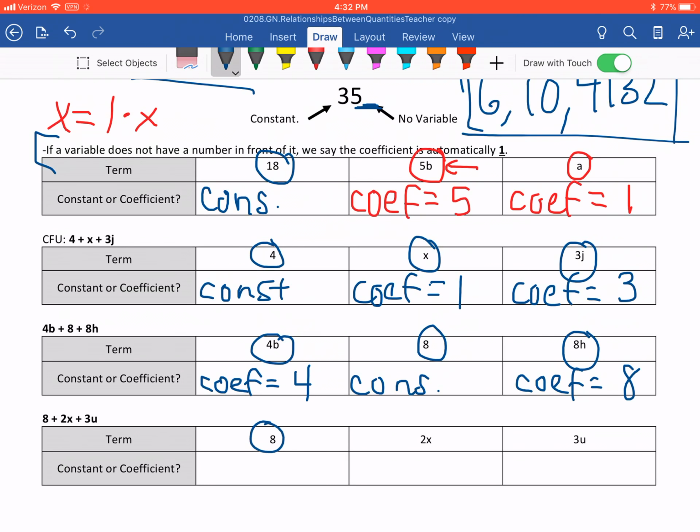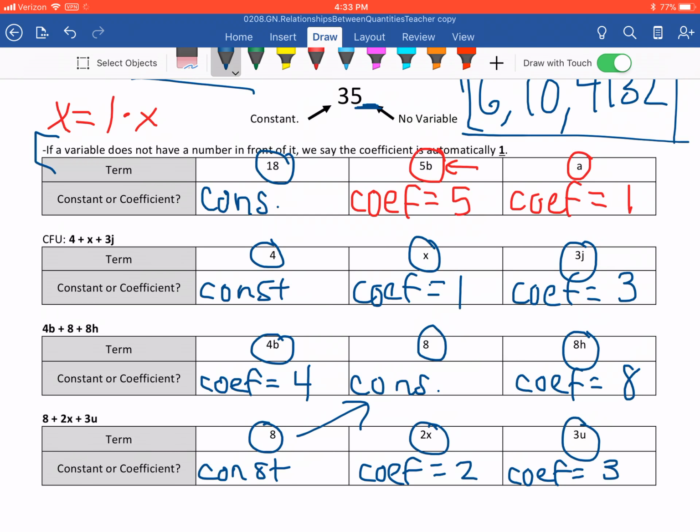All right, for this one, 8, this is one that we already did before. We know that this should be a constant. 2x, this has a coefficient of 2, because that's what x is multiplied by. And for 3u, this has a coefficient of 3, because that's what u is multiplied by.